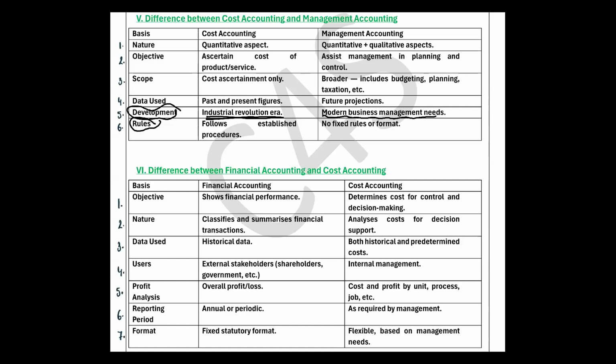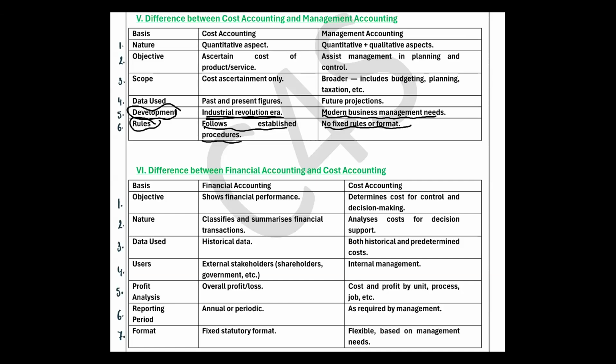What are the rules? Cost accounting follows established procedures, right? You know the format, right? They will follow the established procedure for whatever cost accountant format has been given. Management accounting has no fixed rules and format. You have read in the management subject, there is no fixed thing for management kind of accounting.